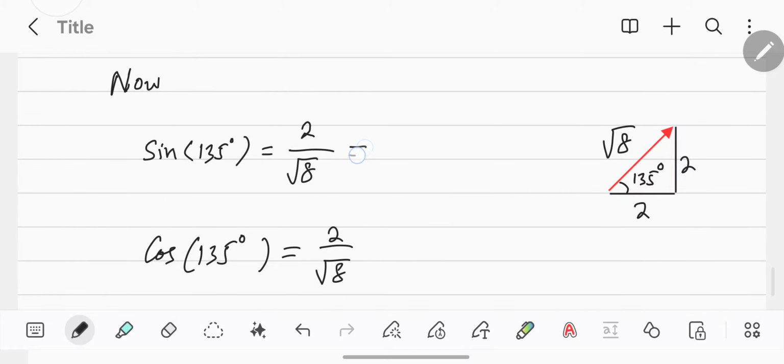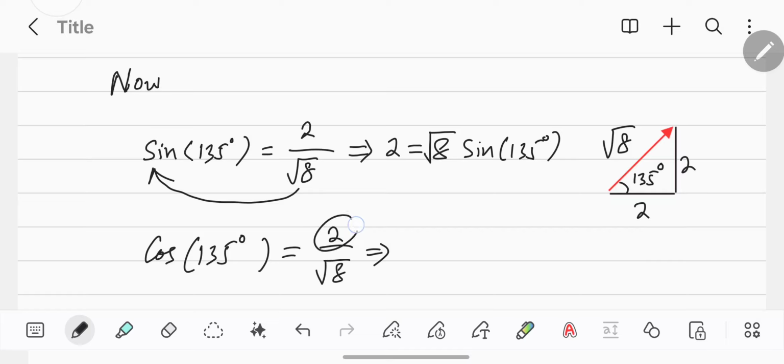So from here, if I find the value of this height, which is 2, so I have to find this value. So I will take this square root here. It will get multiplied with this one. So square root 8 times sine 135. Similarly from here, if I separate this 2, I will shift this 8 here. I will get 2 is equal to square root 8 times cosine of 135.